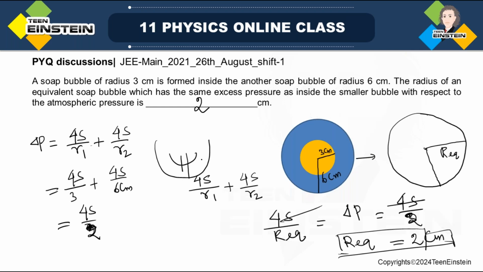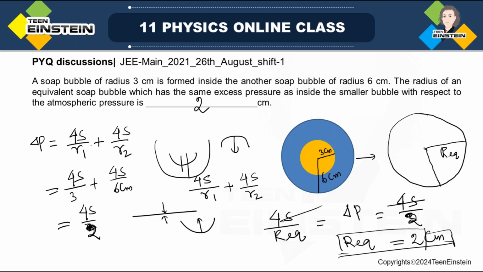So guys, I hope you have understood this. Why is this small bubble having additional pressure? Because of the outer layer also. Whenever there is a curvature, if you have a flat surface like this, then you have equal pressure from both sides, that's why it is flat. But if there is a curve, there will be some excess pressure towards the concave surface.